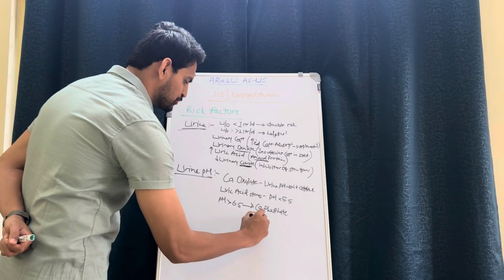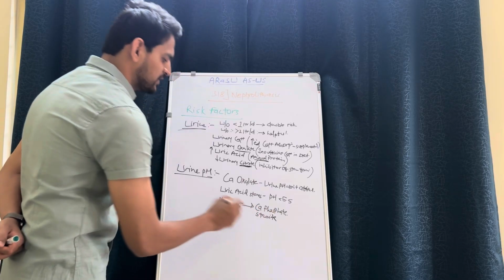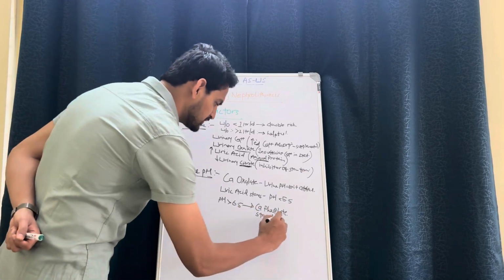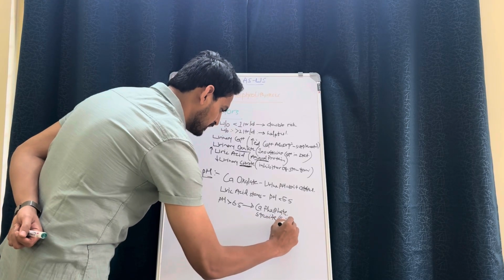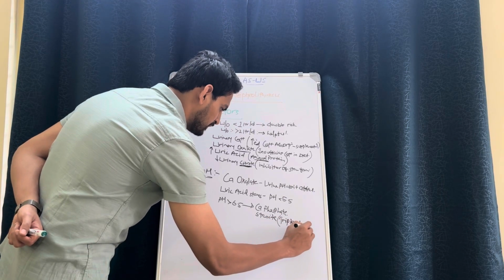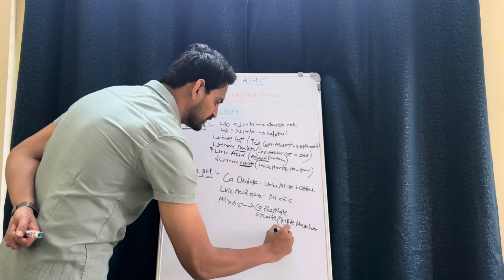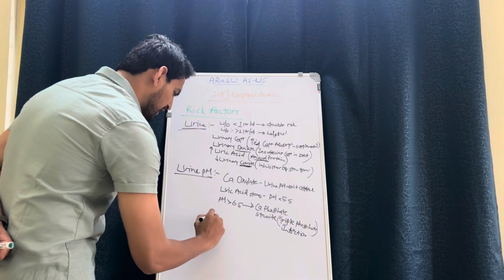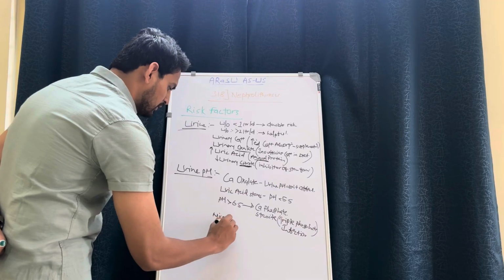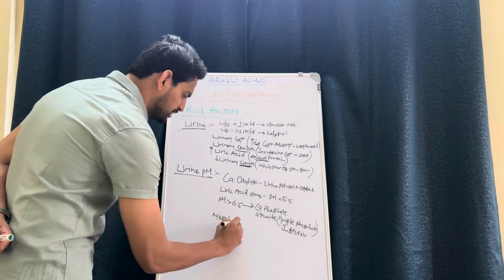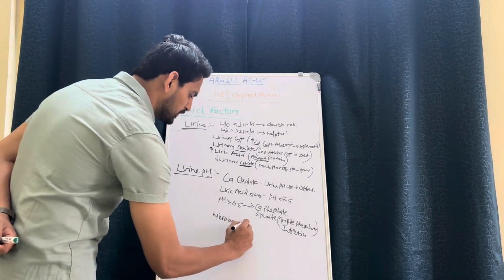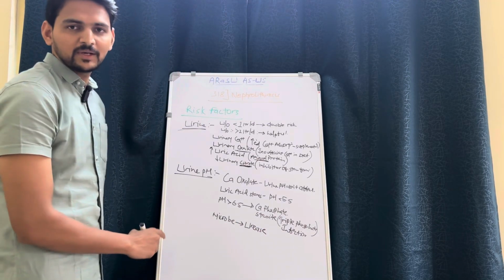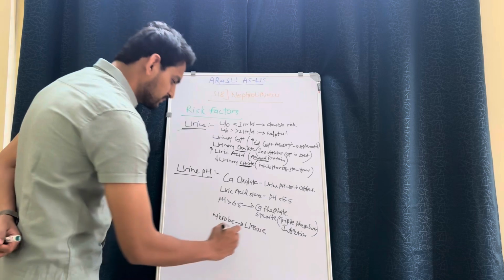Similarly, struvite stones, risk will be increased. These stones, struvite stones, are also called as triple phosphate or infection stones, because some microbes, when they infect urinary tract, will lead to production of urease, for example Proteus bacteria.